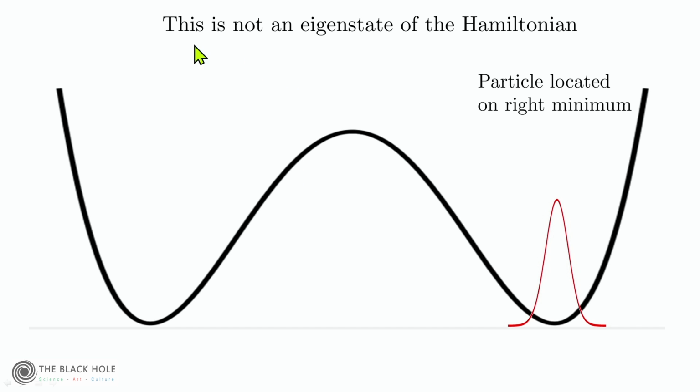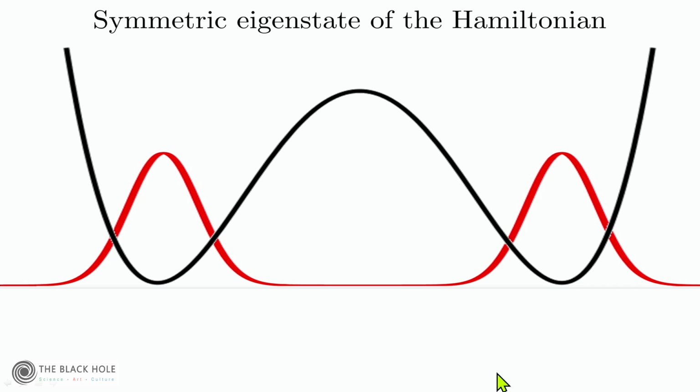Now, notice that the previous and this, they were not eigenstates of the Hamiltonian because the Hamiltonian has got definite parity. If I make x go to minus x, this will not be plus or minus itself. Here is an eigenstate of the Hamiltonian. It's a symmetric one.